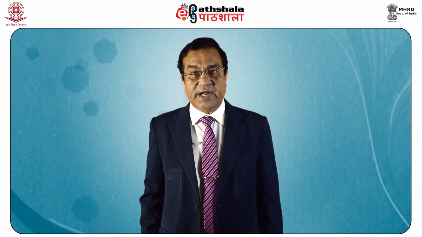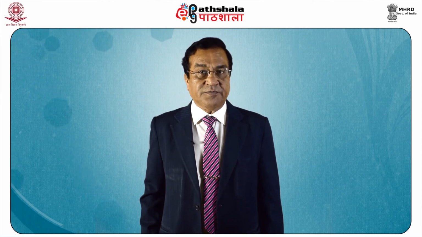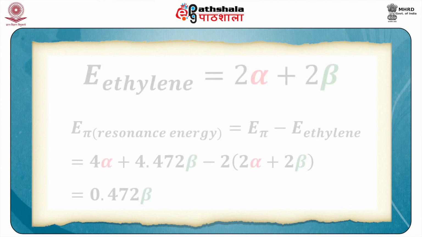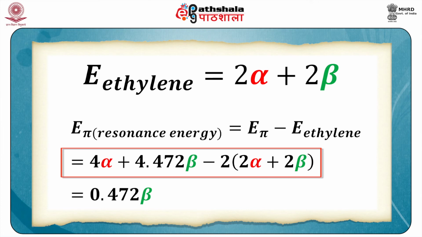You already know, and we have already calculated it earlier, that the energy of an ethylene molecule, that means a 2 pi electron system, is 2 alpha plus 2 beta. And if we now compare it with butadiene, the corresponding resonance energy would be equal to the total pi electron energy of butadiene, which we have calculated to be 4 alpha plus 4.472 beta.